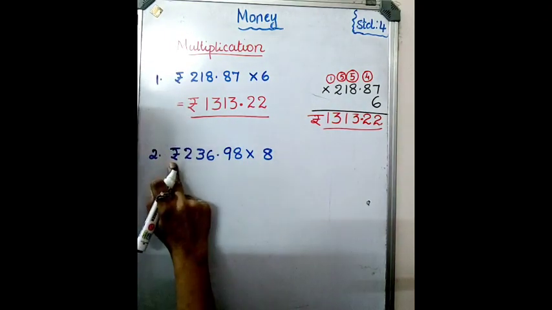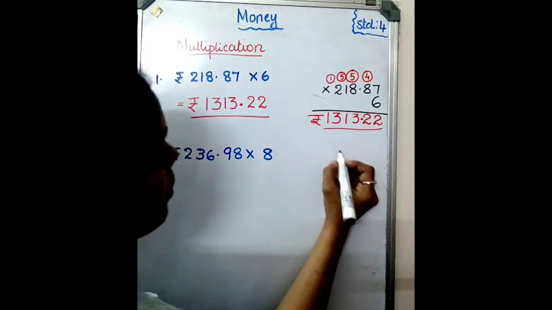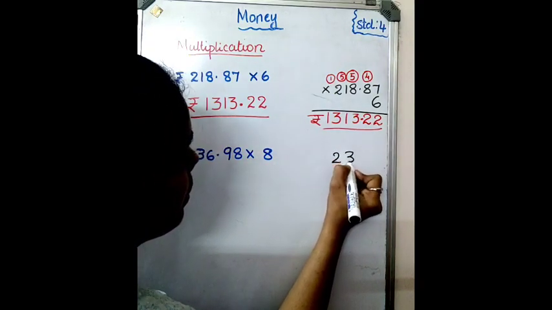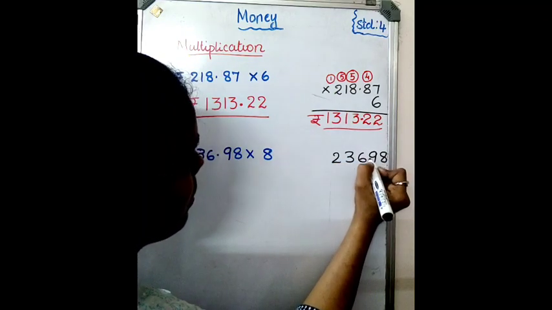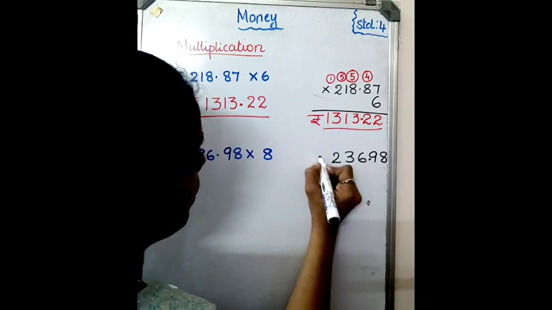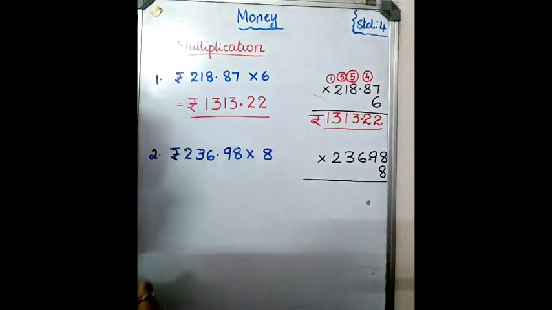We need not put the symbol. We have to write down only the number. 236 98 into 8. You have to learn the multiplication table by heart now.